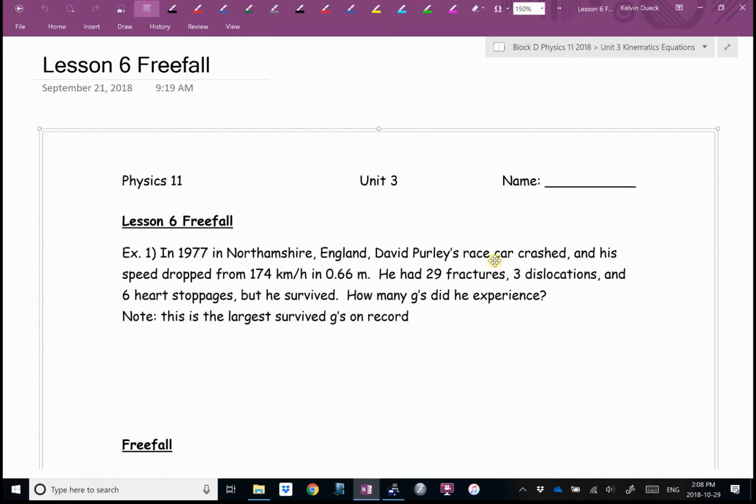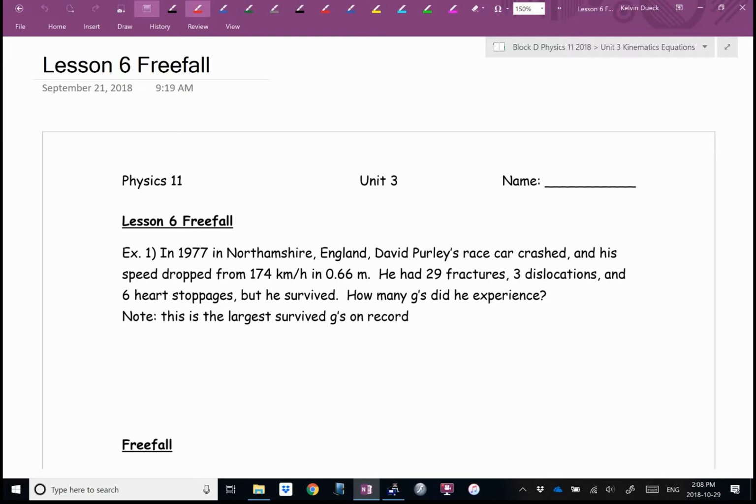But if you want documented physical video evidence, in 1977 in Northamptonshire, England, David Purley's race car crashed and his speed dropped from 174 kilometers per hour to zero in 0.66 meters. I'm making a note to change that to meters per second. He had 29 fractures, 3 dislocations, and his heart stopped 6 times. He had permanent physical damage for the rest of his life, but he did survive.